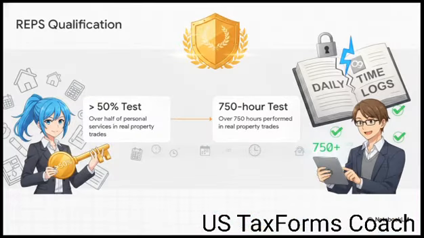But hey, what if you make way over that income limit, or you have massive real estate losses? That is where achieving real estate professional status, or REPS, comes into play. But it's not easy. To qualify, you have to pass a really strict two-part test every single year. First, more than 50% of your total personal working services have to be in real property trades.